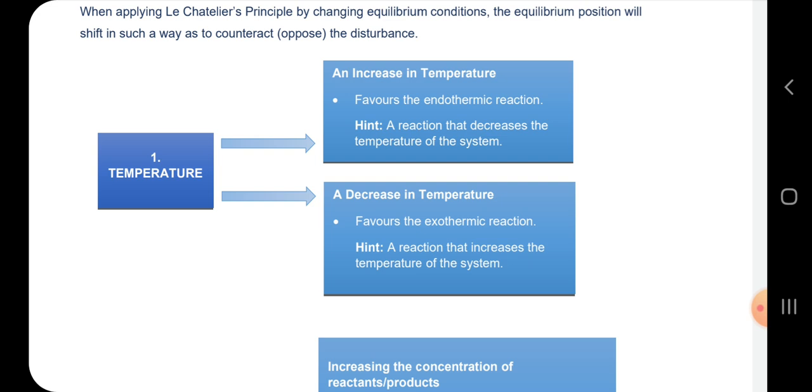That is an exothermic reaction. So a reaction that increases the temperature of the system will happen when you are trying to decrease the temperature. Just know that you decrease the temperature, the reactions that increase the temperature will happen. But when you increase the temperature, the reaction that decreases the temperature of the system will happen. So you increase, the system decreases. You decrease, the system increases.